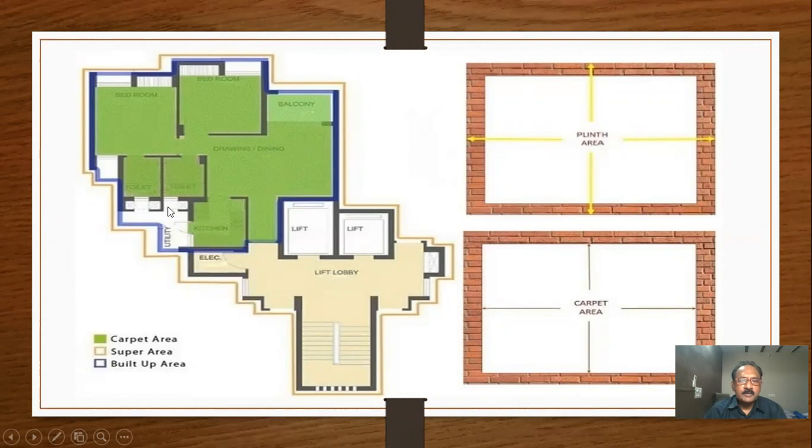Built up area means this blue or violet color. This is built up area. As discussed in the previous lecture, what is plinth area? Outer dimension of length and outer dimension of width. Carpet area: inner dimension of length, inner dimension of width.